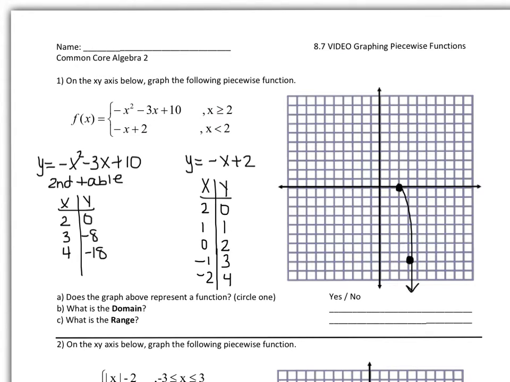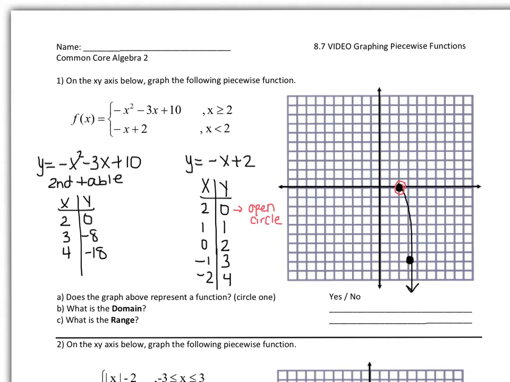And let's graph. So we're going to graph the point 2, 0, but x cannot equal 2. X has to be less than 2. So this point is an open circle. So let's do this. 2, 0. That point right there. I'm just going over it to show that it's open.